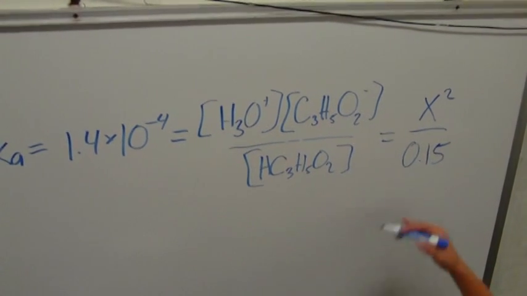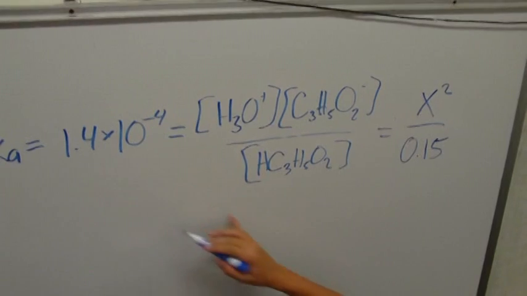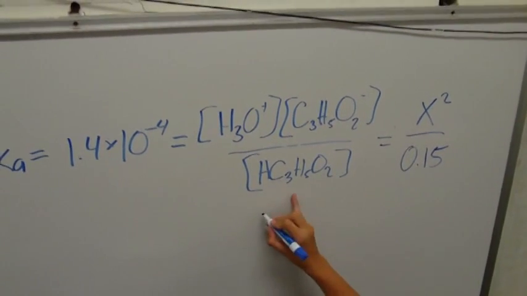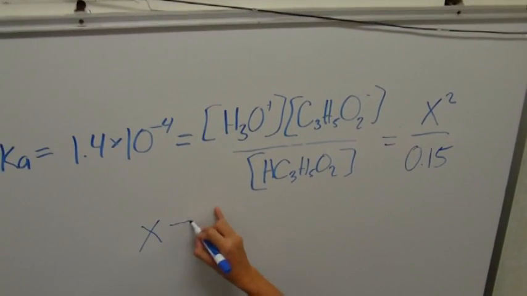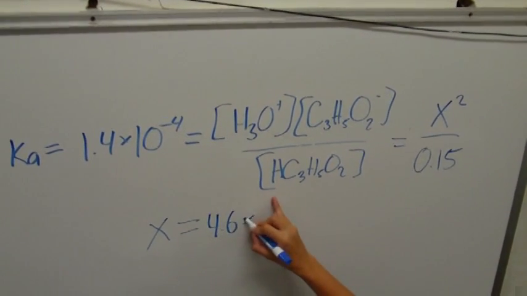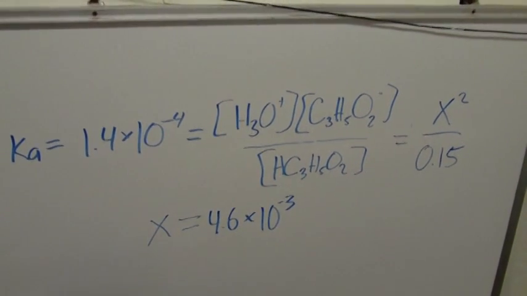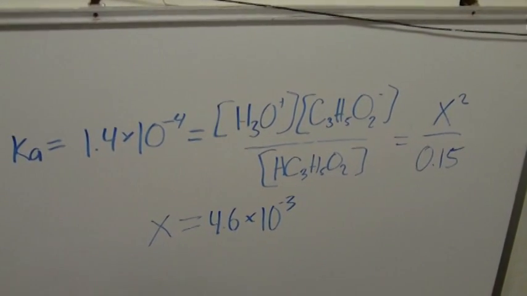So then when we go ahead and use this and this to solve for x, we end up with x equals 4.6 times 10 to the negative 3. And x was our equilibrium concentration for both of those.